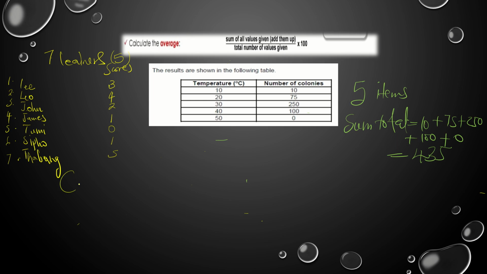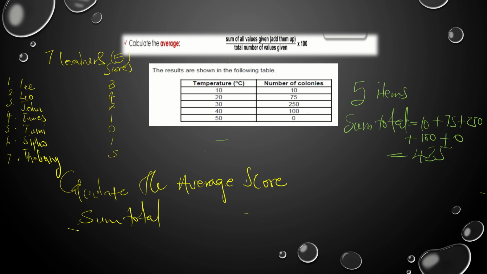Then we say calculate the average score. You say sum total divided by number of items. So what is the sum total?